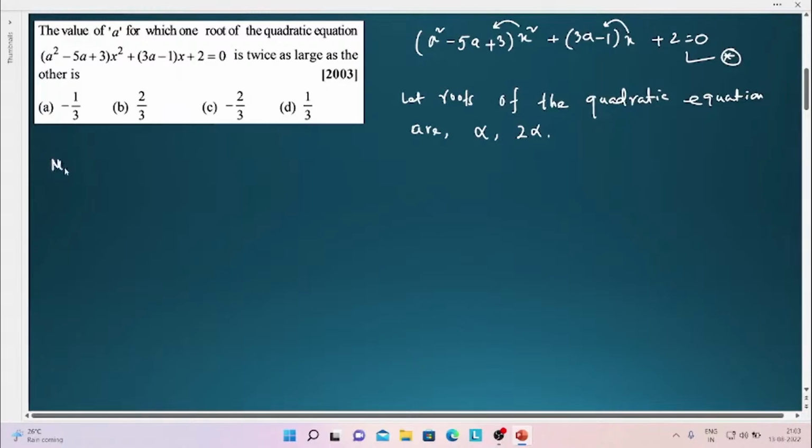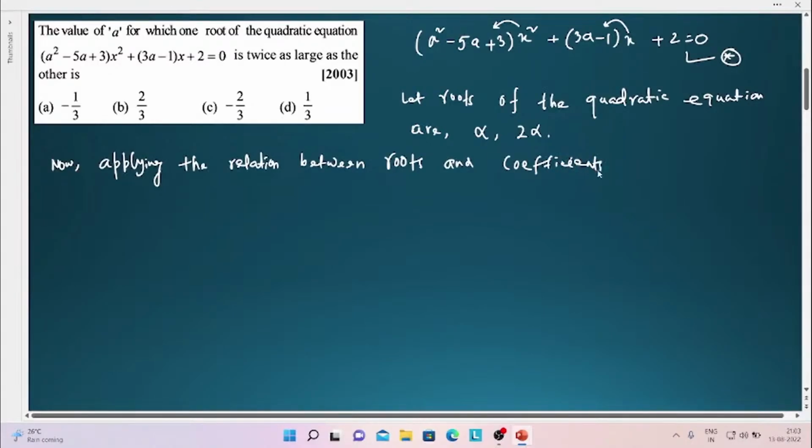I mean the coefficient of x to the power 0. Now applying the relation between roots and coefficients, I mean the sum and the product of the roots. Alpha plus 2 alpha, the sum of the roots, will become minus b by a.